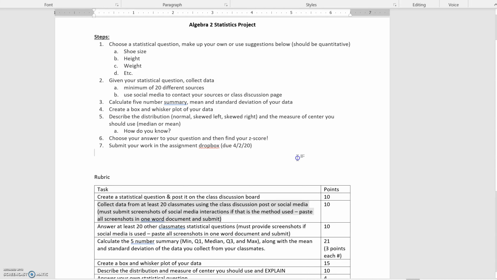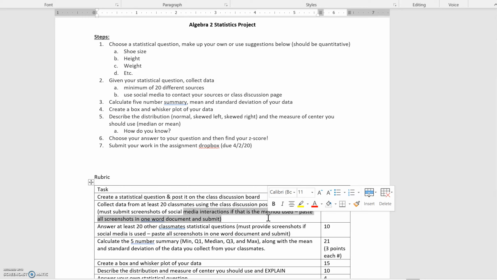But if you ask your friends on social media, I want you to submit screenshots of that interaction, so that I know that this actually happened and you didn't make up numbers. Please paste all of your screenshots in one Word document and submit that one Word document. That document should have your entire project in it, so that there are no issues with too many submissions in one Dropbox on Schoology.